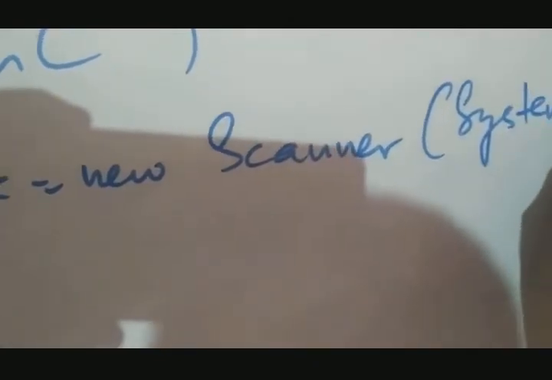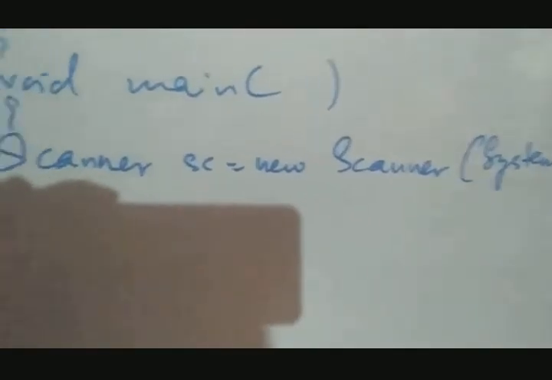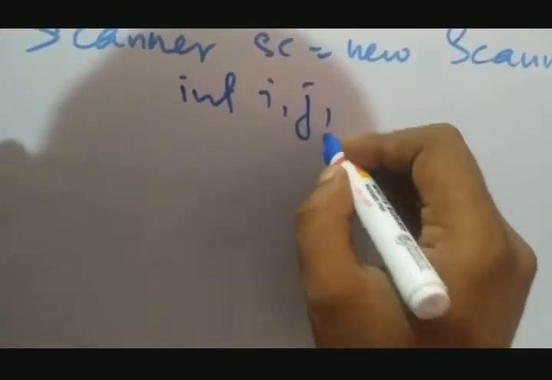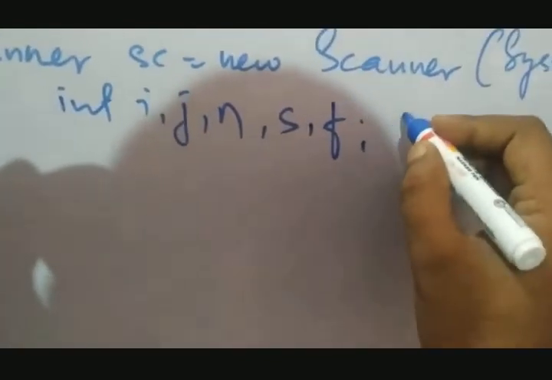System.in. So what do you require here? We require a variable i, we require a j loop, we require n, we require s for the sum of the series, is it? And we require f for the factorial, so s equals to 0.